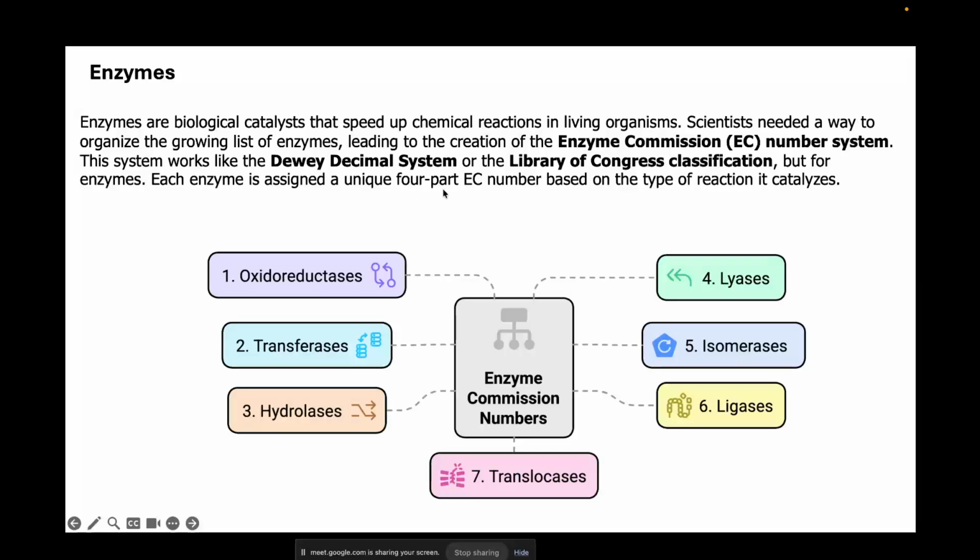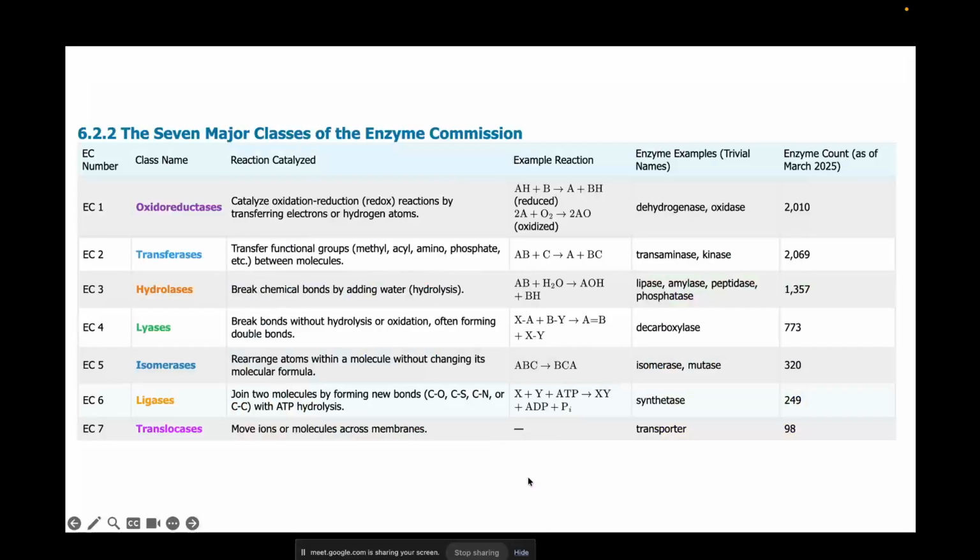Each enzyme is assigned a unique four-part EC number based on the type of reaction it catalyzes. These are the major seven types of enzymes: oxidoreductases, transferases, hydrolases, lyases, isomerases, ligases, and translocases. These are the types of reactions these enzymes catalyze, and these are the EC numbers.